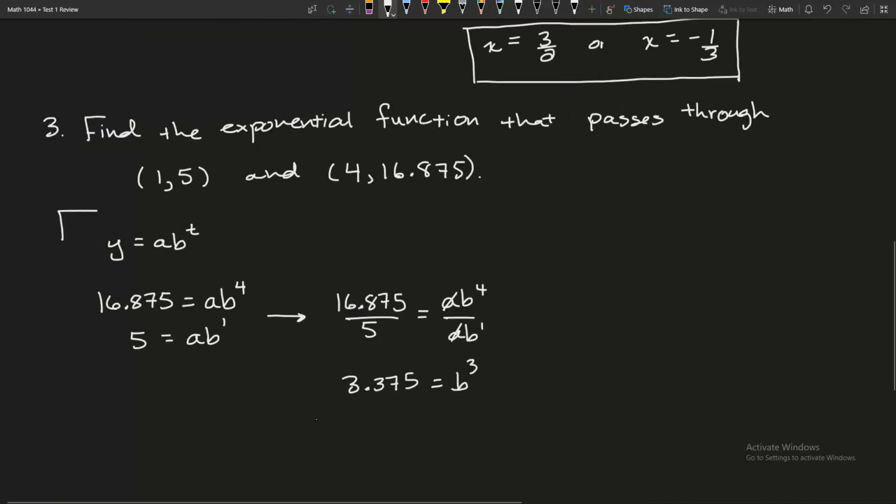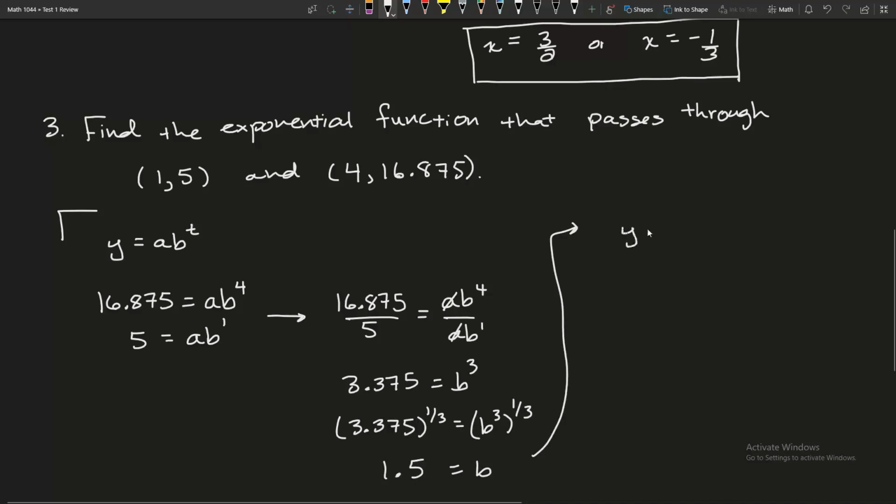To undo the 3rd power, you either take the 3rd root or the 1/3 power of both sides. So we'll take the 1/3 power of both sides. On the one side we get b, on the other side we get 1.5. So now we know our equation looks like y equals a times 1.5 to the t.